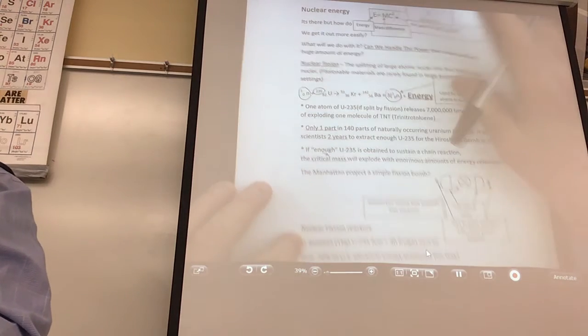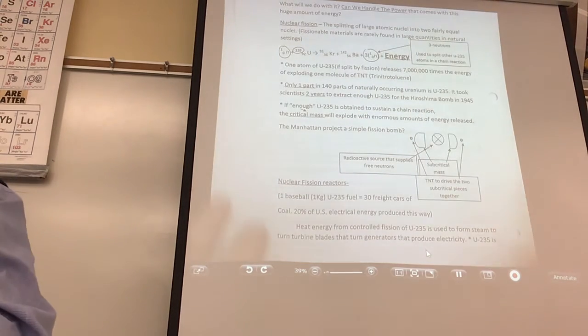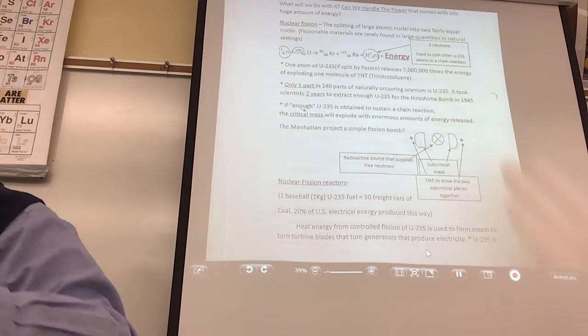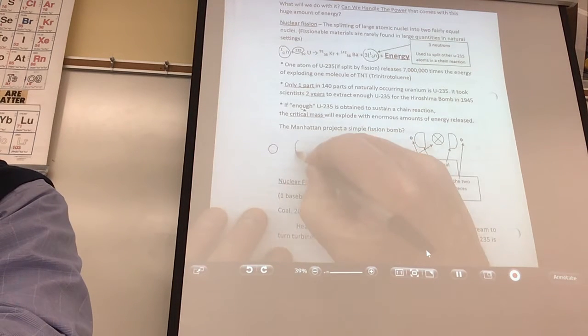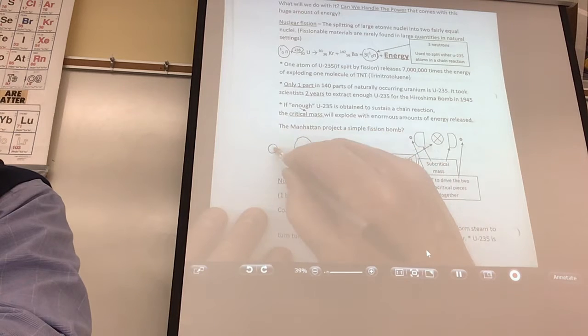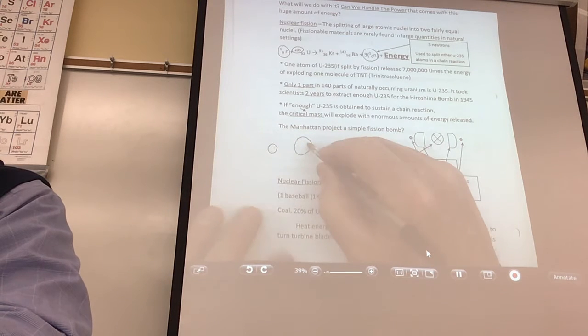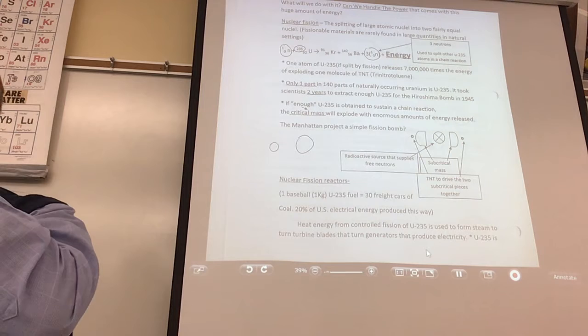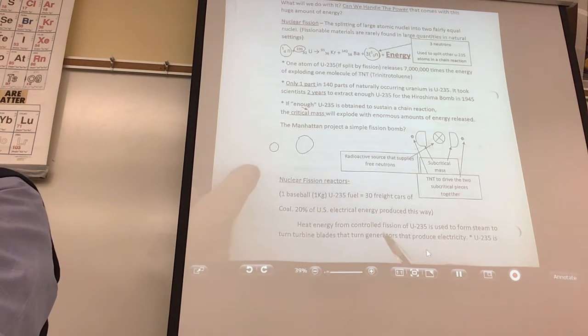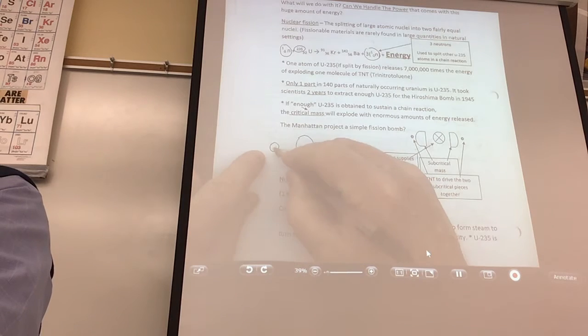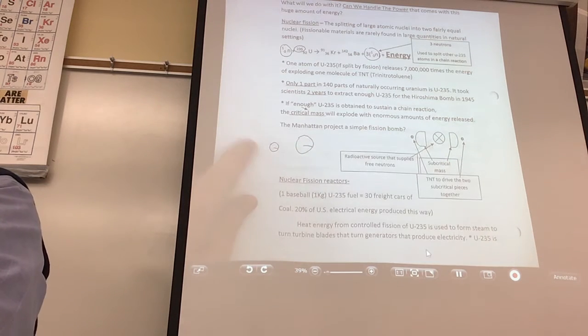Your book didn't have this, so I'm going to show you real quick. Think about physics for a minute. Remember that lesson about a round object having the most amount of surface area per volume of any object. But what happens when the radius gets bigger? Do you remember the physics lesson?